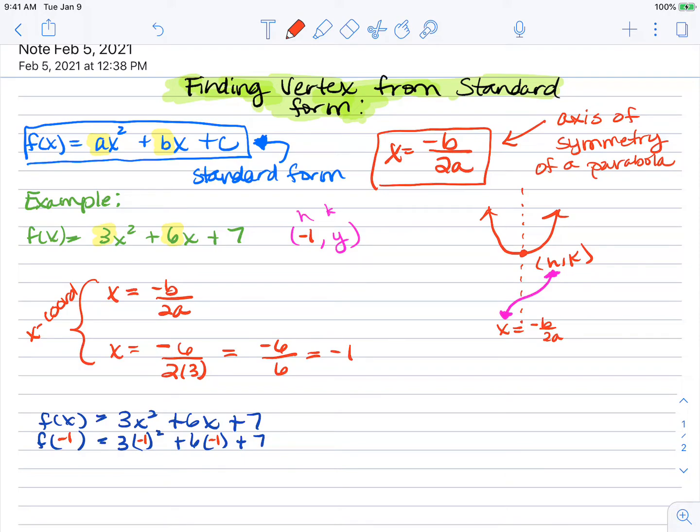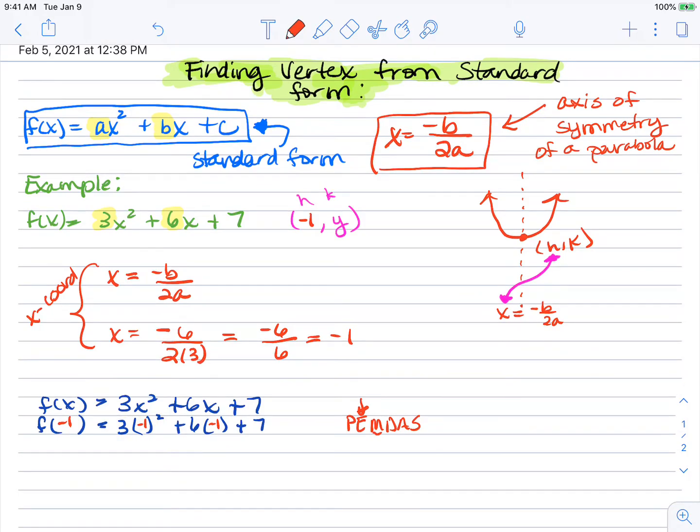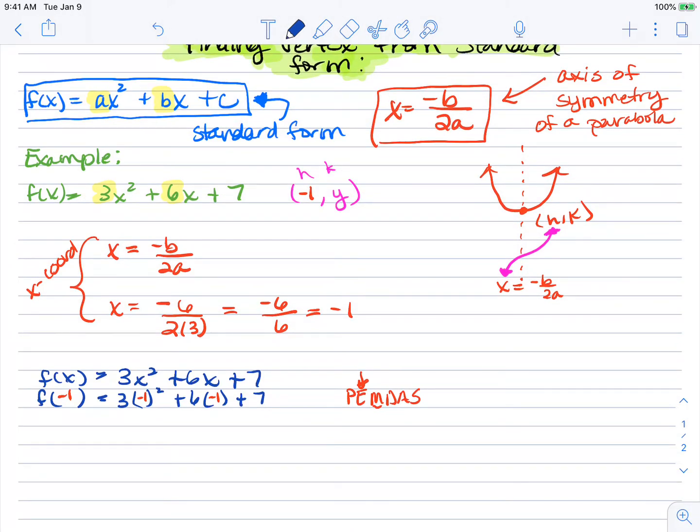I have to remember that I'm using the order of operations. Please excuse my dear Aunt Sally, which says that I have to do my exponents before I can multiply. So I'm going to have to do this piece first before I multiply by this 3. Negative 1 squared is a positive 1, so this is really times positive 1.